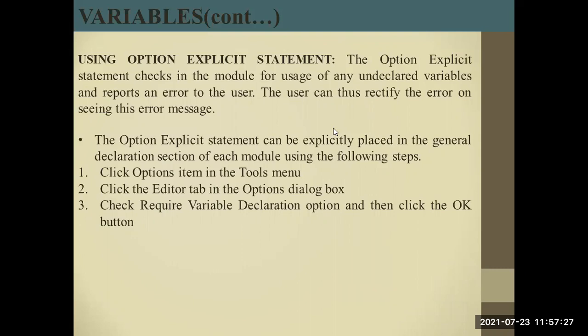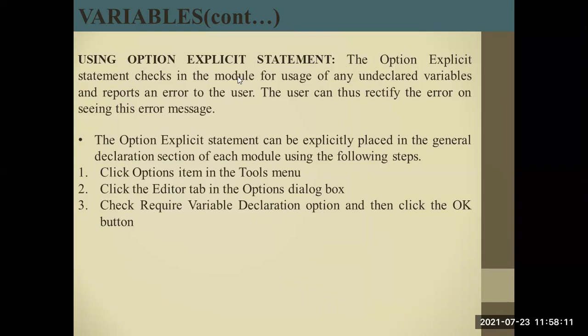So if any variable in the module is undeclared, the user can rectify the error on seeing the error message. It will show you the error message at the same time when we look for this type of declaration.